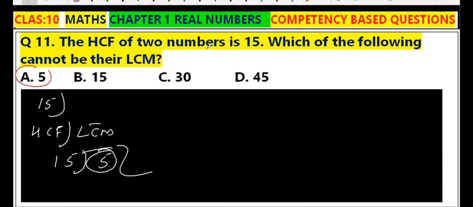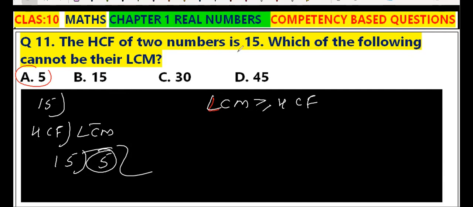हमेशा ध्यान रखिए, LCM of two numbers is either equal to HCF or greater than HCF. LCM numbers का HCF के equal होगा या HCF से बड़ा होगा. Here 5 is the number which is less than the HCF.